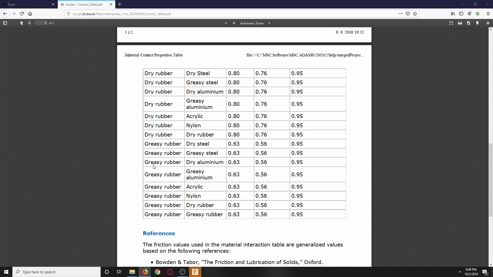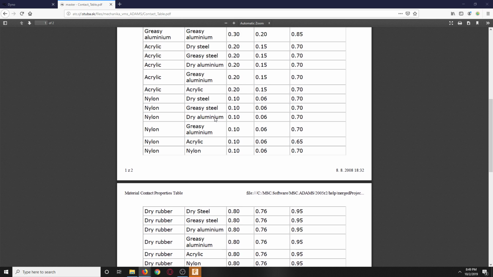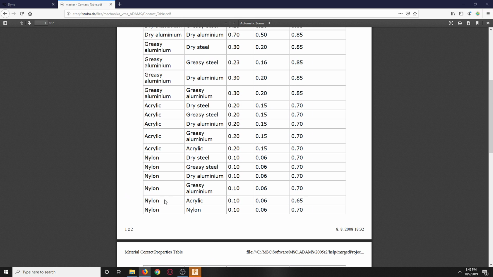With that, we might be able to. So here, dry rubber versus dry steel is 0.8. Interesting that greasy steel is the same number. I think these are extremely rounded, but anyways.